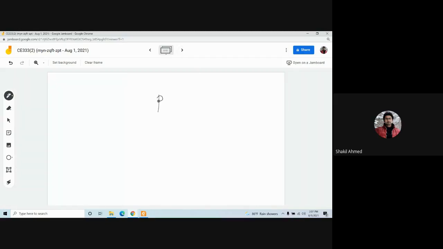P equals gamma H. So 62.4 pound per cubic feet into H is what? 1 feet. We want to see how much pressure we get from 1 feet elevation. So from here we get 62.4 pound per feet square because this feet and this feet cancel out.